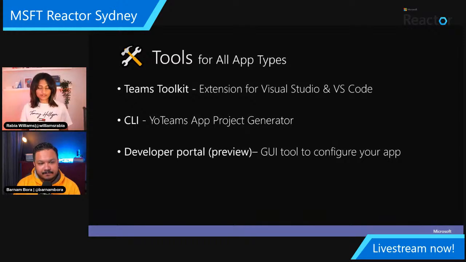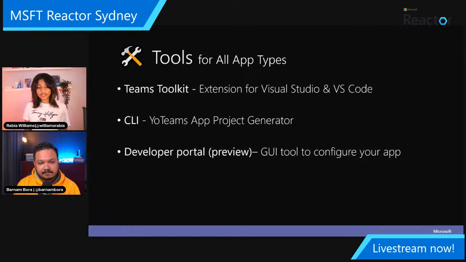And this is from Microsoft. You also have another CLI, which is probably the first version that scaffolded Teams apps, the Yeoman generator. This is a community project that is open source. So it's another way of creating a Teams app from scratch.